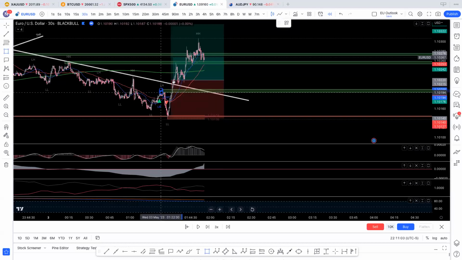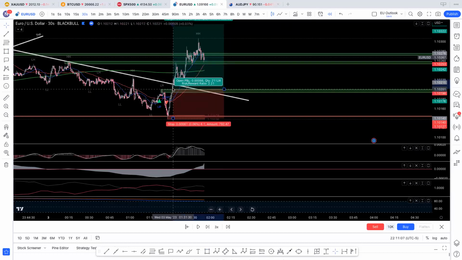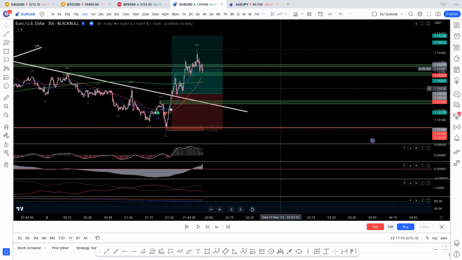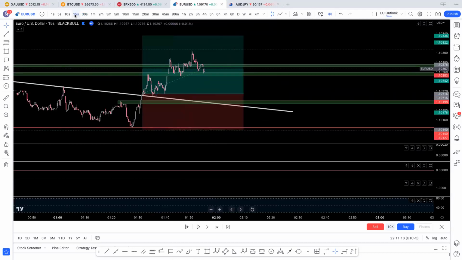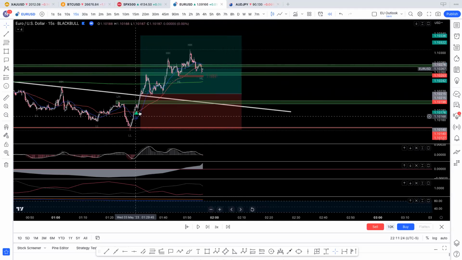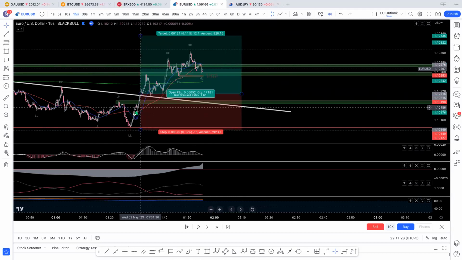Price breaks here, entry outside of the triangle. And I think the 15-minute was too low. Did I try it already? Okay.